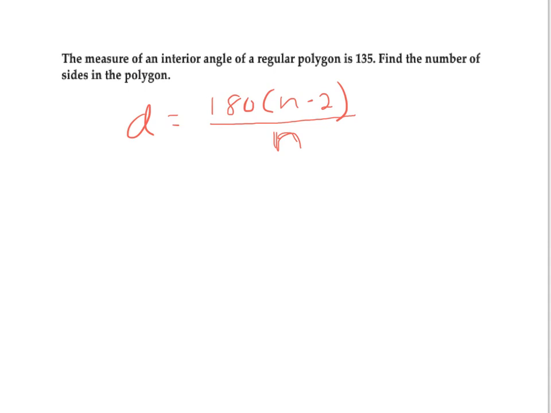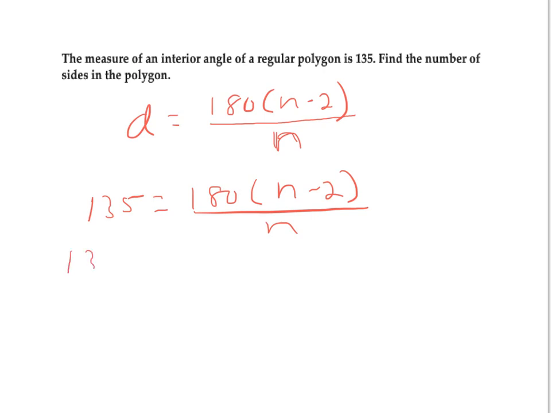So what I'm going to do right now is this problem. I know that the measure of the interior angles of a regular polygon is 135. So that's 135 is equal to 180 times n minus 2, all over n. We're solving for n. I'm going to now multiply both sides by n.